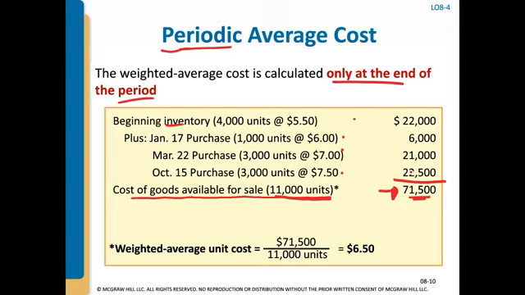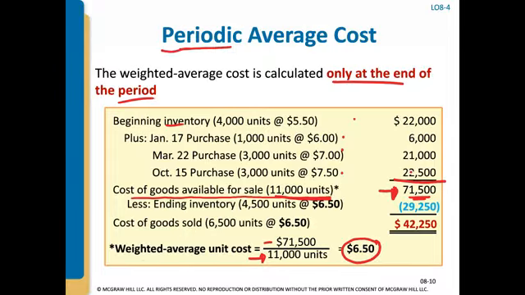The weighted average cost per unit is calculated as your cost of goods available for sale divided by your number of units available for sale. The dollar amount assigned to each unit uses this average of $6.50.